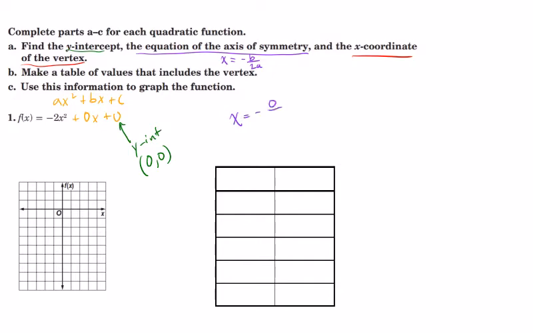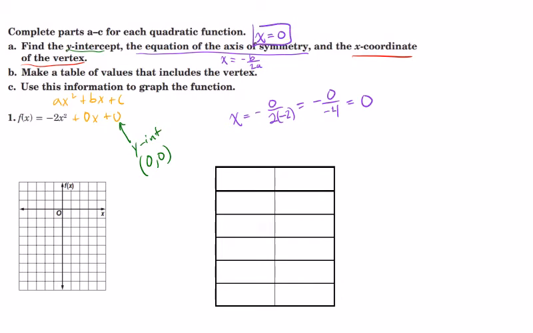So it'll be negative 0 over 2 times a, and a is negative 2. So 0 divided by anything is 0, right? But let's just do a little math there. So negative 0 divided by negative 4 is 0. And so our axis of symmetry is x equals 0.